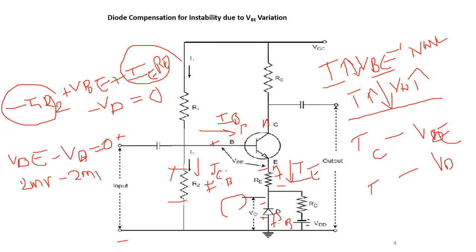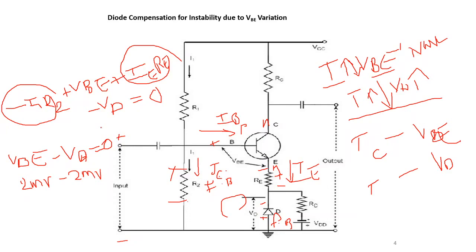So 2 millivolts minus 2 millivolts will equal 0. Nothing will happen in the circuit. Both have been compensated with respect to the increment. One has increased with the positive notation, another with the negative notation in the loop condition. So it has been compensated, and the current is going to remain the same in the circuit.